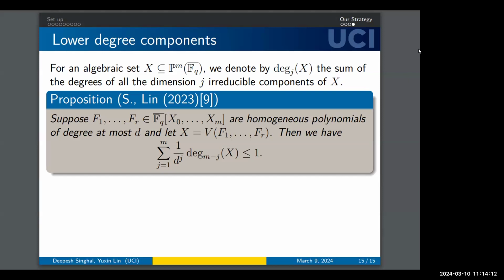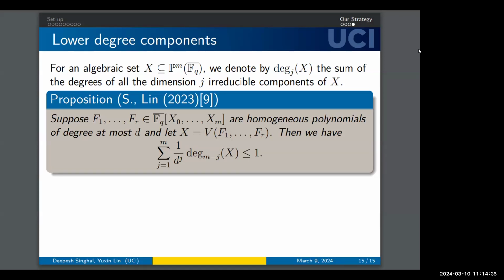Then the result we show is that if you pick any number of homogeneous polynomials of degree at most D, and then take their vanishing set, then once you look at the lower dimensional degrees, they themselves can get bigger and bigger.